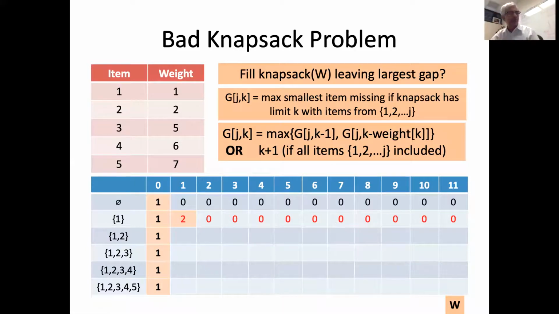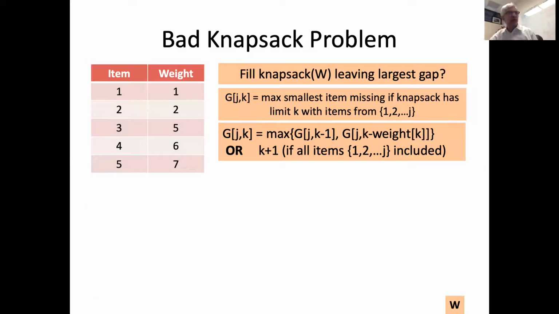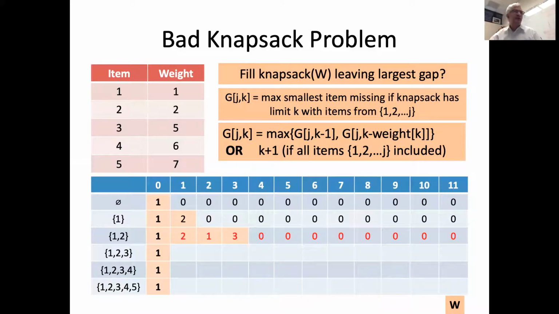So let's move forward here. Now the question is, what is the next row going to look like? And you'll see that this is of course still 2 because it was 2 in the previous row. This here says, if I want to achieve a weight limit of 2, if I take item 2, then the smallest numbered item I'm missing is 1.